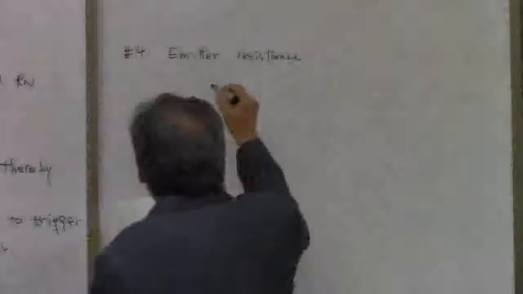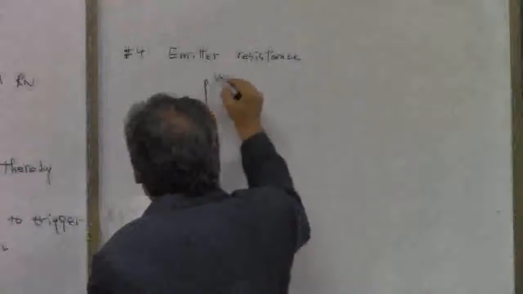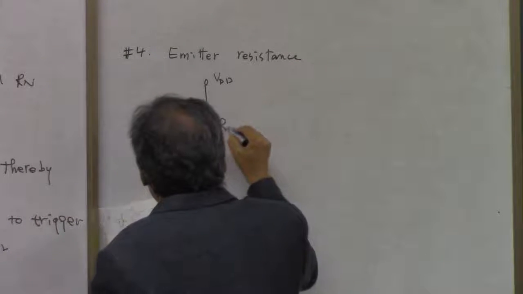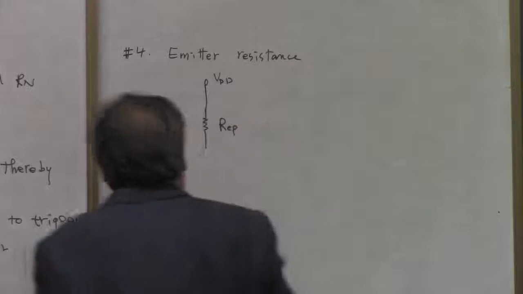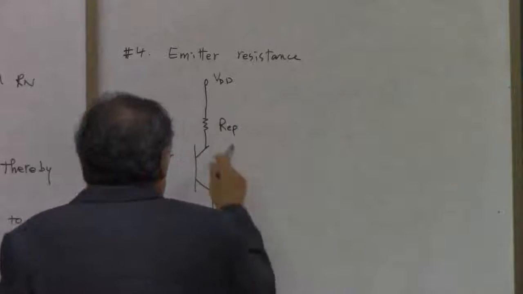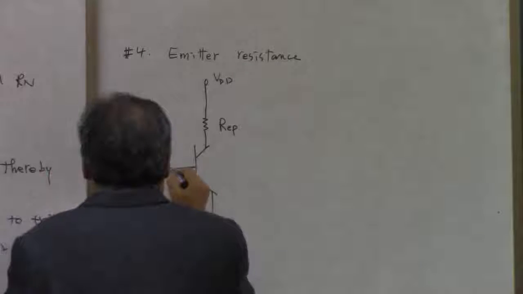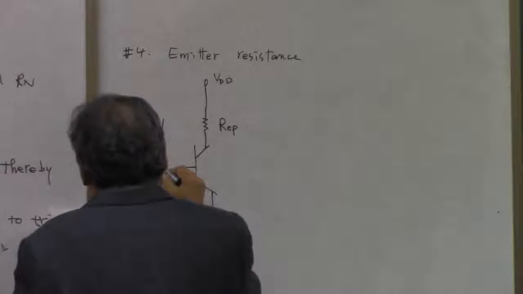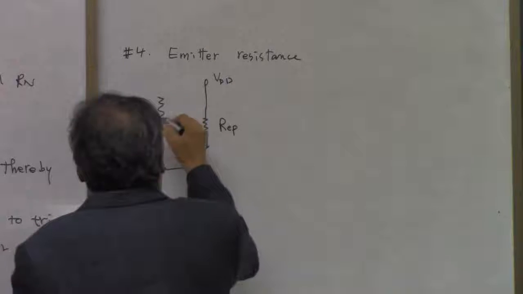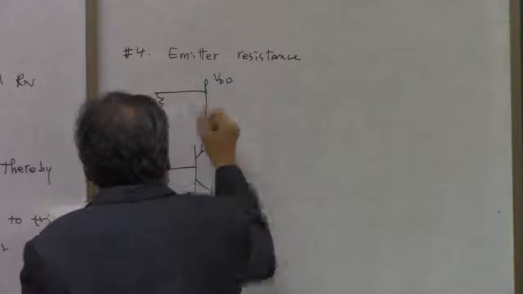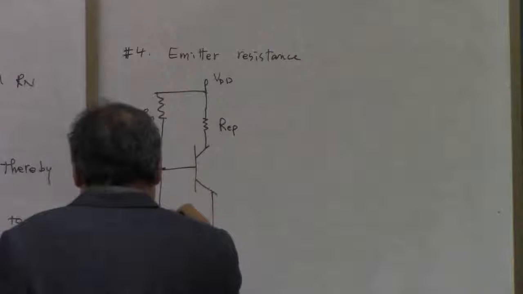Set the emitter resistance means, in terms of the circuit, you're going to set a new resistance for the emitters of these bipolar transistors, the lateral bipolar transistors as well as the vertical bipolar transistors here.